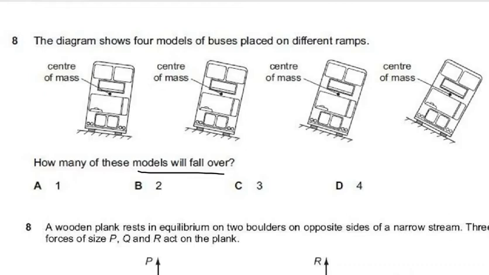Okay, so this is maybe a little bit of a new concept. But an object is stable and it will not fall over if its center of mass is above something that supports it. So in this case, the support would be the wheels. Okay, so then if you draw a straight line down from the center of mass, if it's at or between the wheels, then it is stable, it will not fall over.